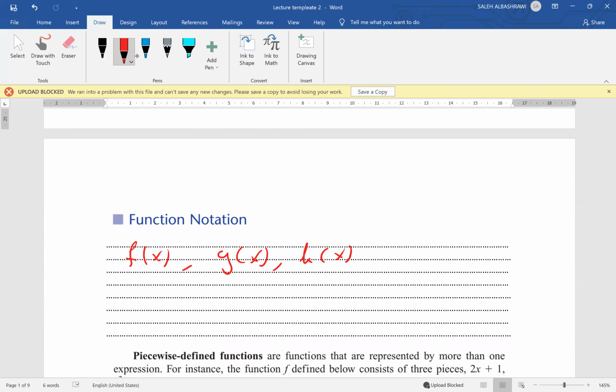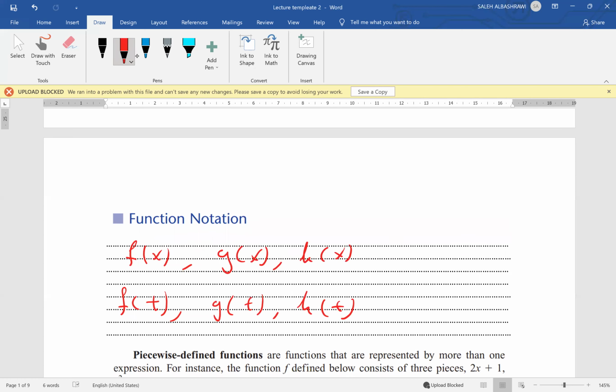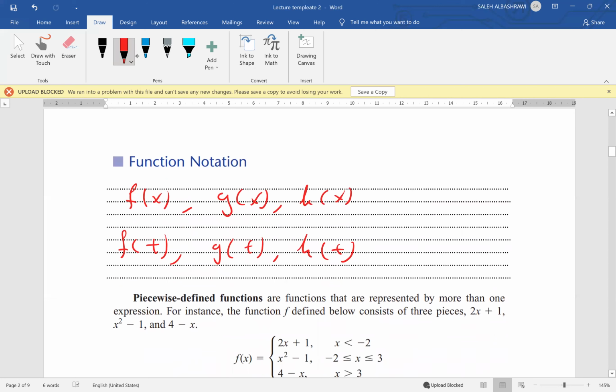Or I can use any variable, I can say f of t or g of t, for example, and h of t. x or t will give me the independent variable. And the function can be written in different forms, either a polynomial function or a fractional function or what's called a piecewise function or piecewise defined function.